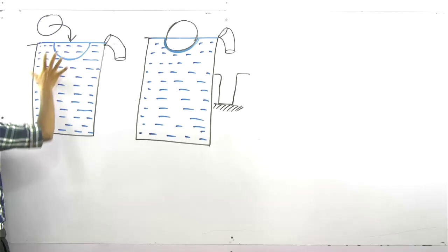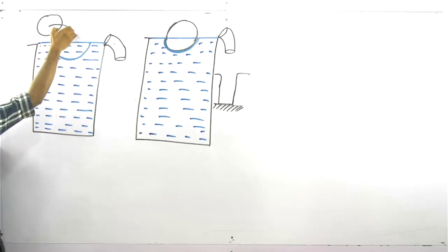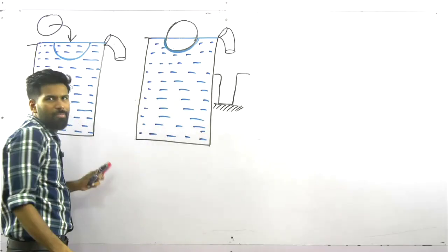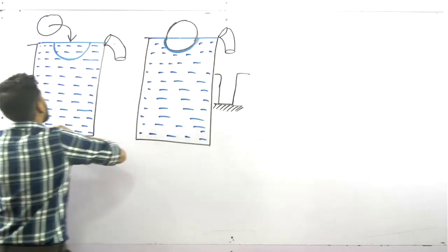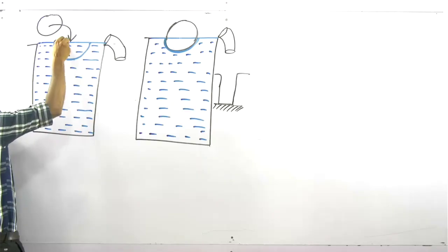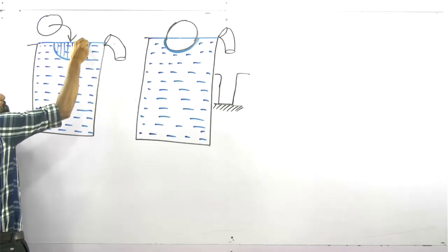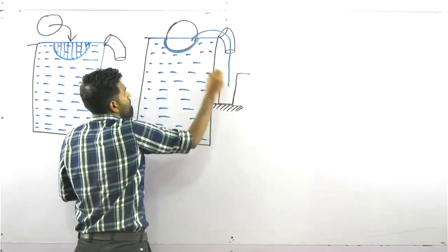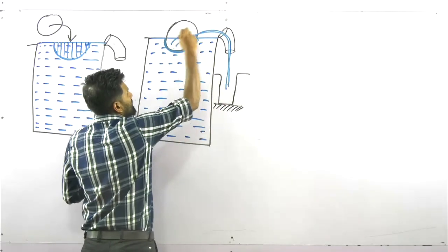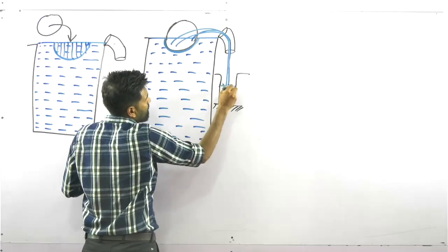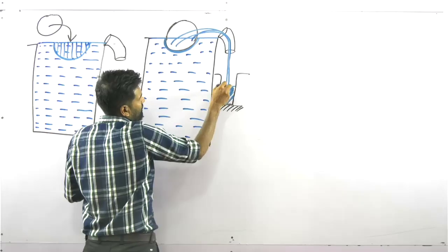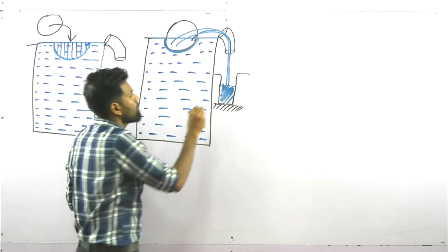Here the full liquid is present, but when you fill the object inside, the liquid parts in this area will move out, and you can collect it from here. So this is the volume displaced.